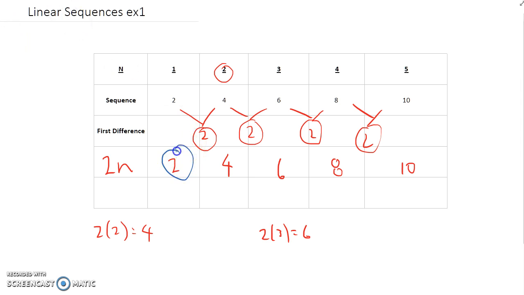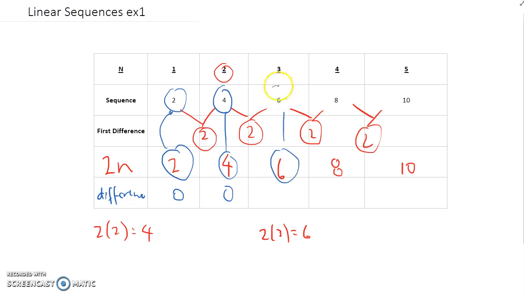The reason I've done this is because I wanted to check whether my sequence gave me the original sequence that I was given. Is there a difference between the 2 and the 2? No, there is a 0 difference. So we note down the difference. Is there a difference between the 4 and the 4 that we were given? The difference was 0.